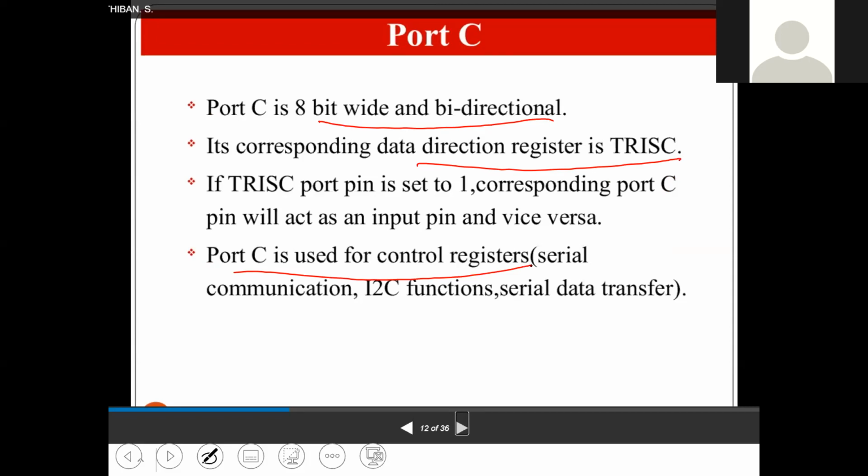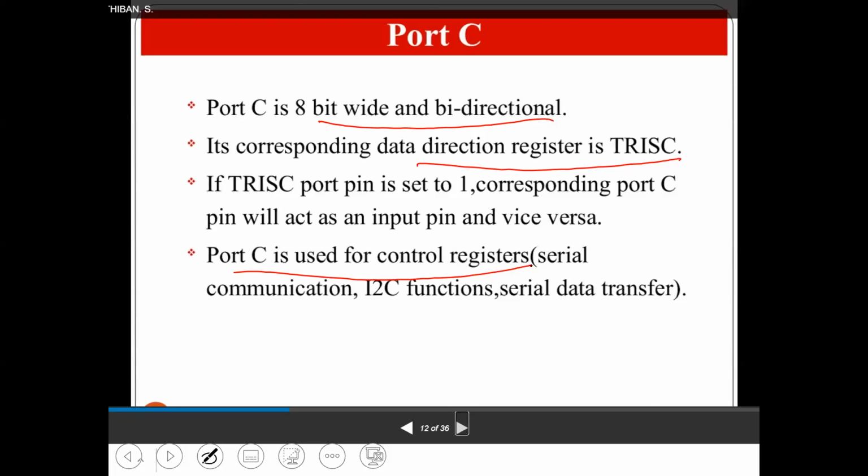SCON and SBUF, PCON. Very good. Then the serial buffer register, and the SMOD register. So we have the TMOD register, the serial control SCON register, the serial buffer register, and the PCON power control register.